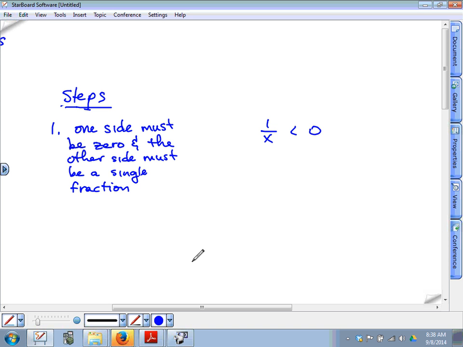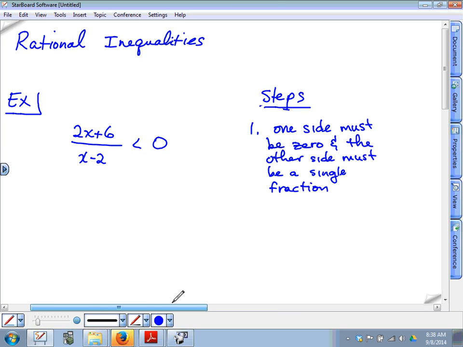Would that have been easier than if this were the problem: 1 over x is less than or equal to 2/19? Now, if I ask you to plug in 12, does 12 work? Or does negative 20? You understand how it might be a little bit more difficult to see which numbers work? One side has to be 0. One side has to be a single fraction. Because now all you're comparing is whether it's positive or negative.